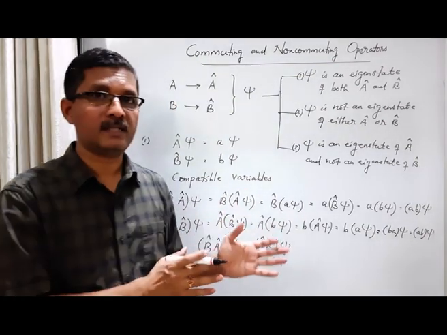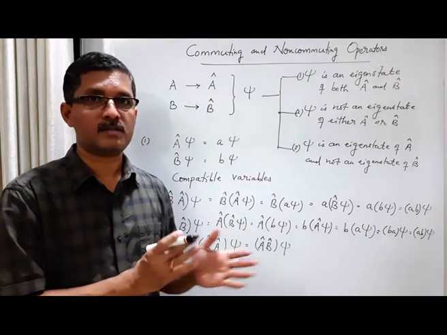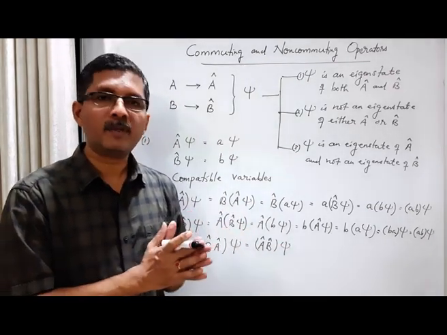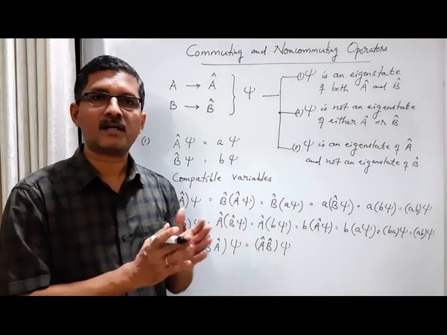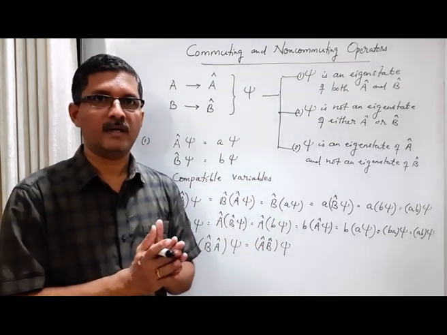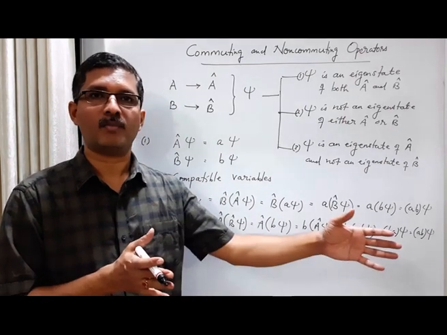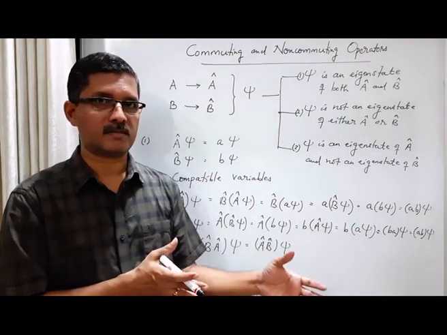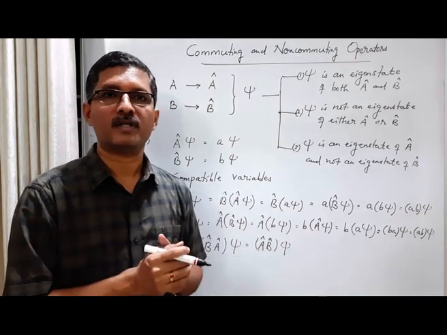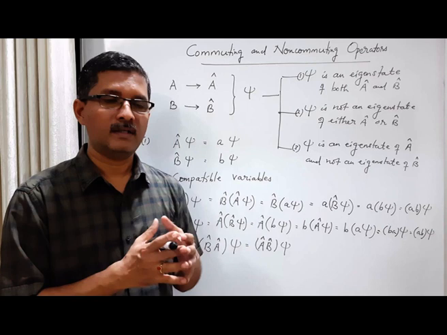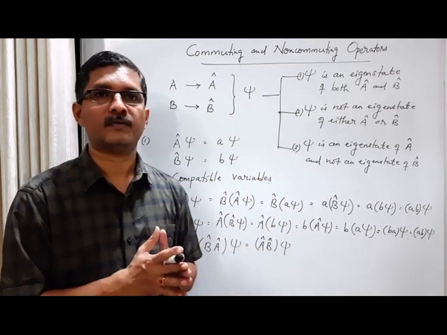I am not going into the details here of what is meant by completeness of eigenstates. We can keep in mind that a complete set of eigenstates means any general state of the system can be expressed as a linear combination of all these eigenstates. Then we say that these eigenstates form a complete set of eigenstates.